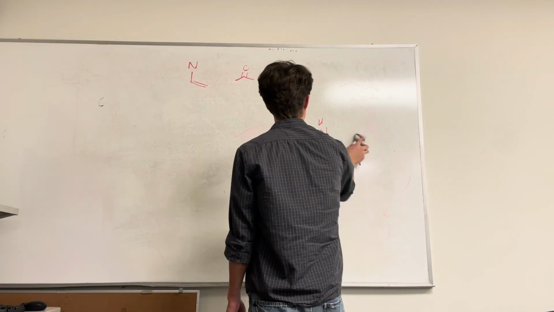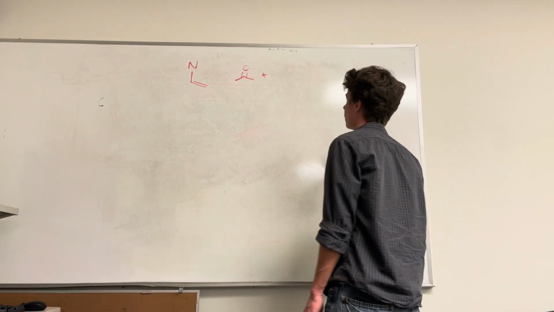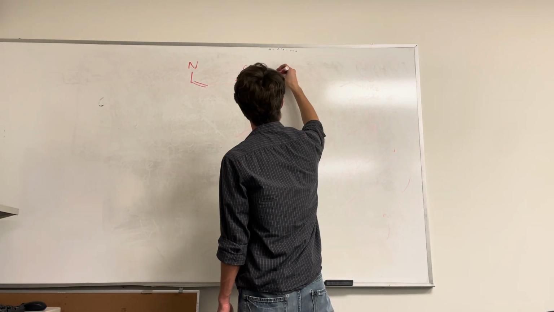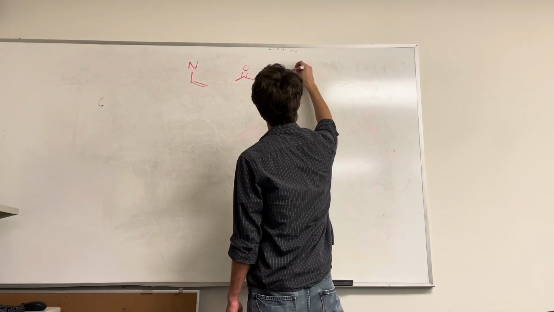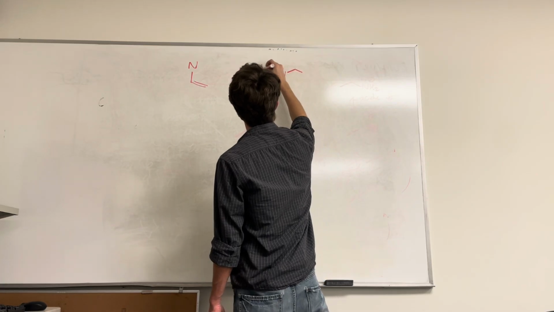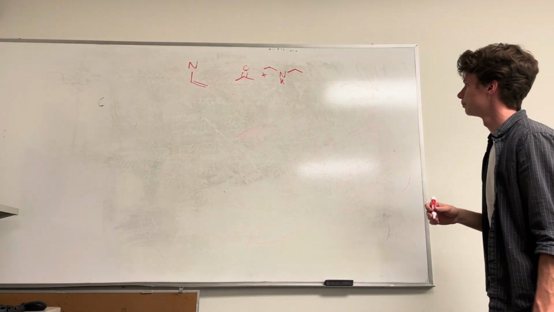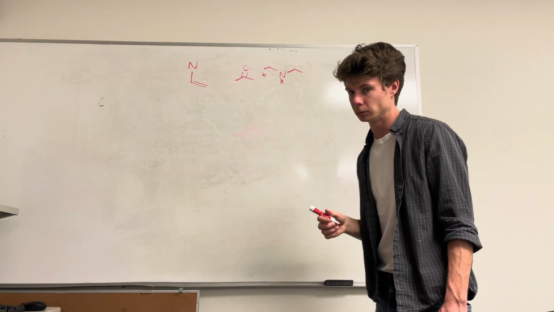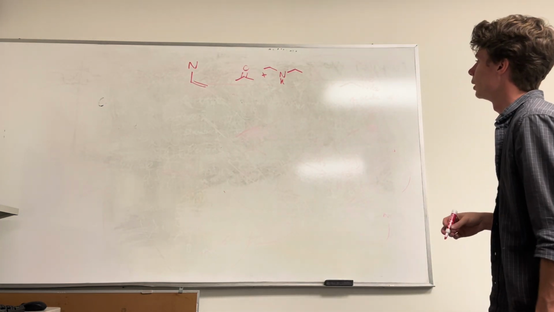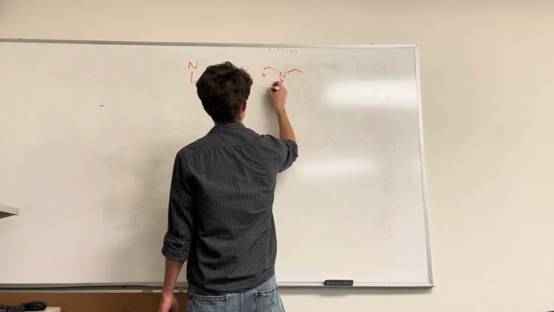We won't use that because we don't need to be carrying a ring around the entire mechanism. So we'll do something just like that. Diethylamine, I think. Okay? And again, we need mildly acidic conditions.